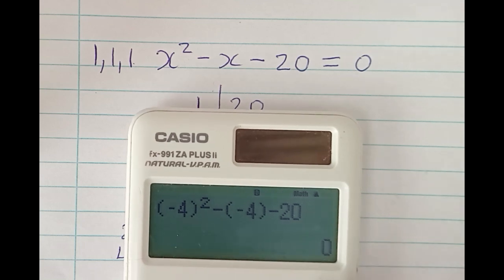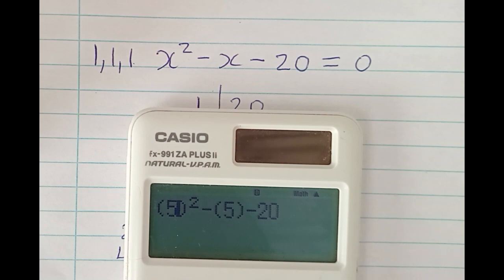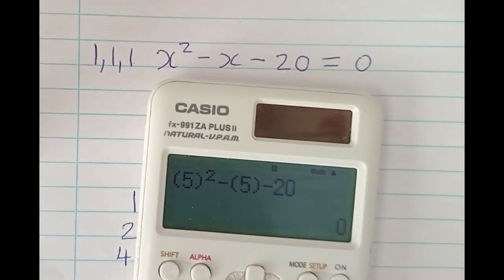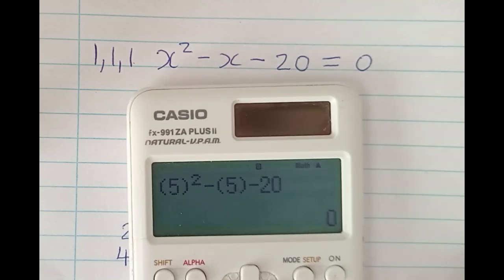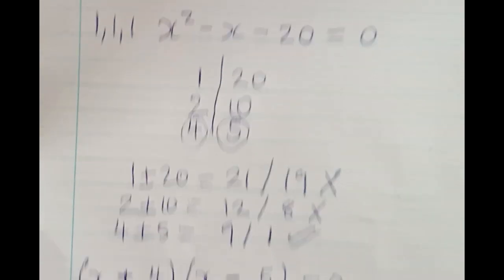Now I will edit and write 5 there, because my other x value is 5, right? So let's see, it's also 0. So our values are correct. We just leave it there, you see.